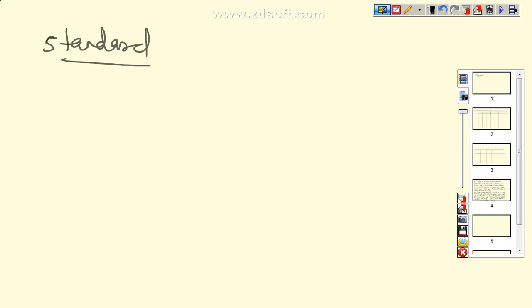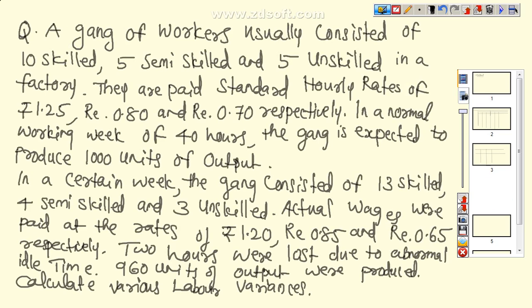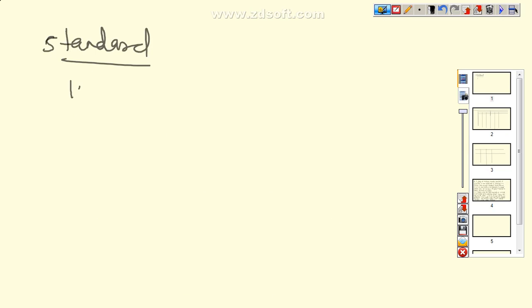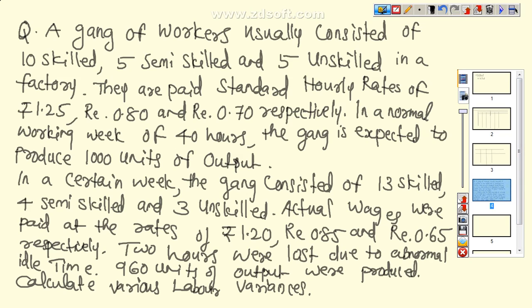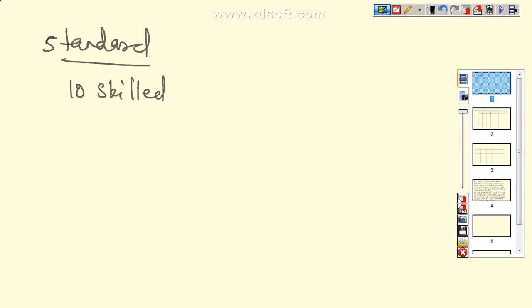In the standard, the number of workers is 10 skilled, 5 semi-skilled and 5 unskilled.